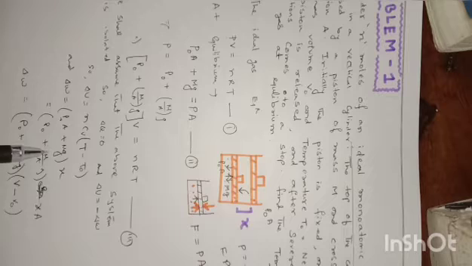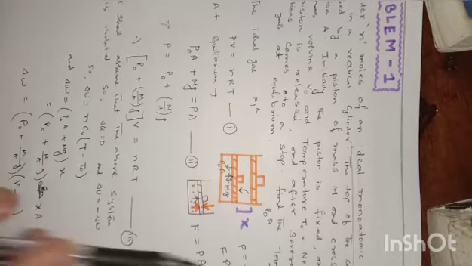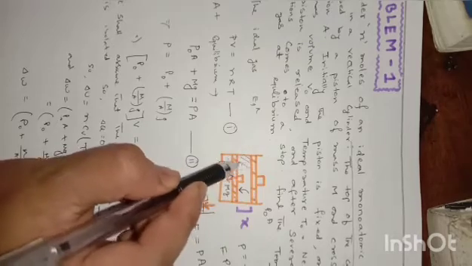So as we know, the work done is nothing but force into displacement. So it is the force which is acting on the piston, and x is that displacement. So if we take the pressure outside, then x is the displacement, A is the area, then A times x is nothing but the volume change.